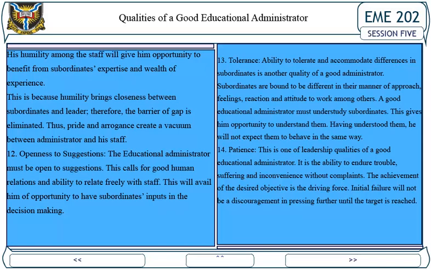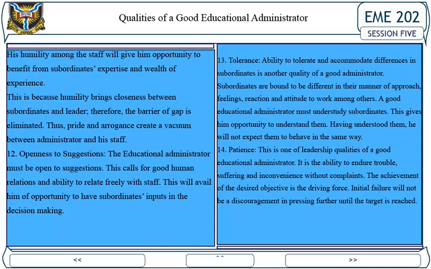Sensitivity to subordinates' feelings and situations in the workplace could avert a lot of danger, which may lead to failure. 10. Confidence.